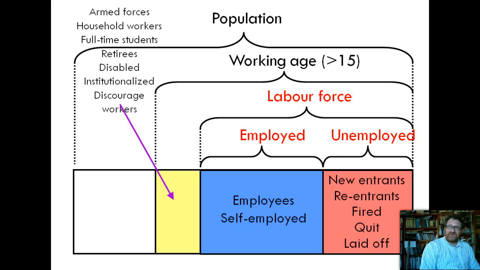Re-entrants into the labour force, so that might be people who were previously working. They left work in order to have a child or something like that, and now they're re-entering the labour force. People who were fired from their jobs for being incompetent or annoying to their employer.